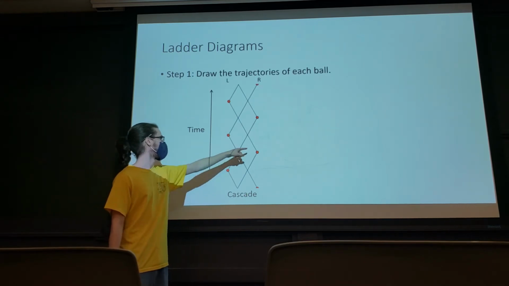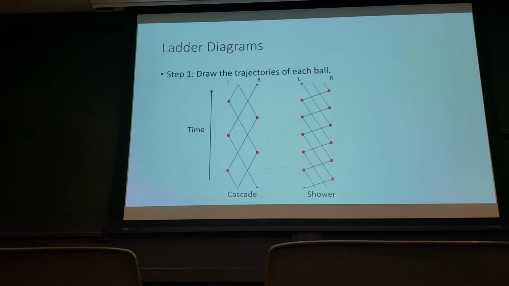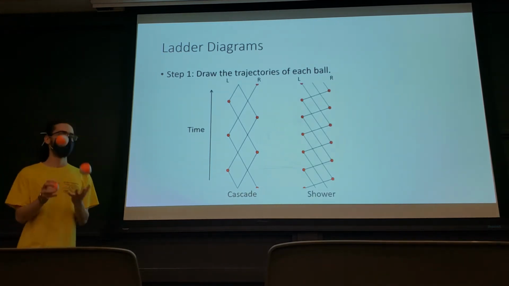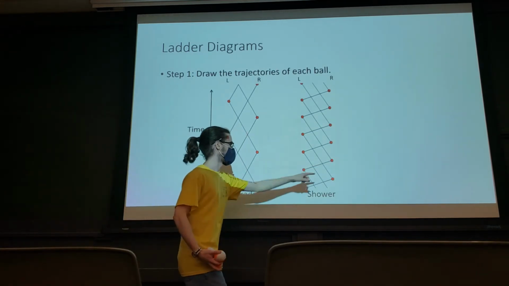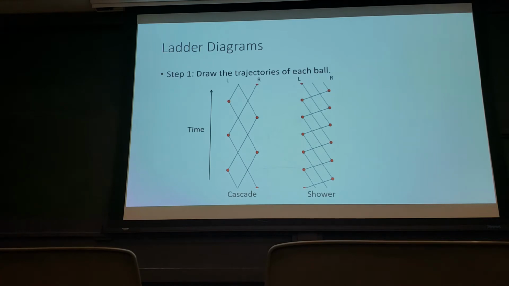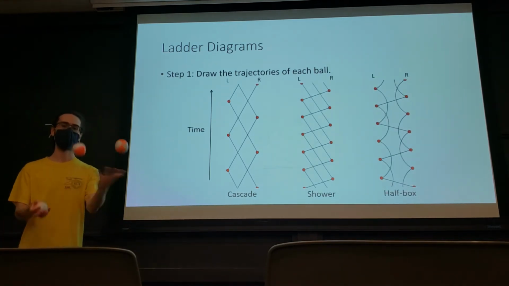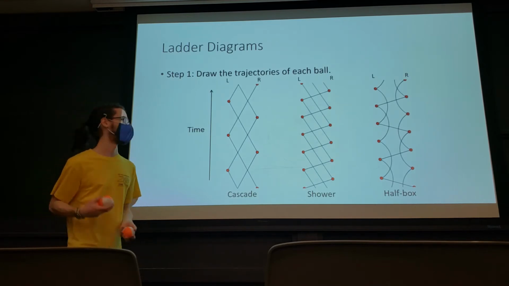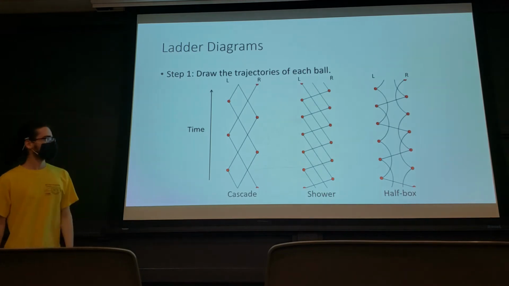You throw a ball from your left hand and catch it in your right hand 3 beats later, and so on. Shower, which is this one: the balls coming from your left hand are caught immediately, and the balls coming from your right hand are caught 5 beats later. Then this half box pattern is something a bit more complicated, and now we have throws from one hand to the same hand, and so on.